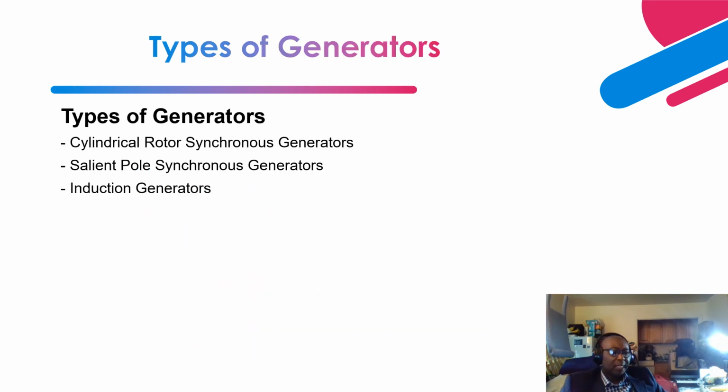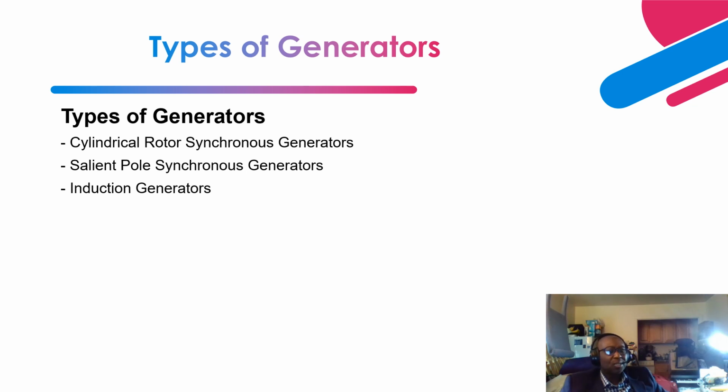Now let's talk about the types of generators that we have out there in the world. Okay, so we have cylindrical rotor synchronous generators. These generators are very fast. Let's say the most common that I've seen is 3600 RPM. They rotate at a faster rate. And we have salient pole synchronous generators, which are much slower.